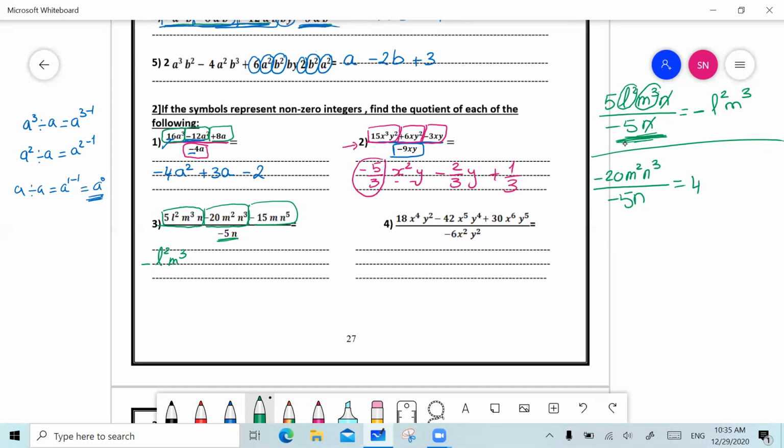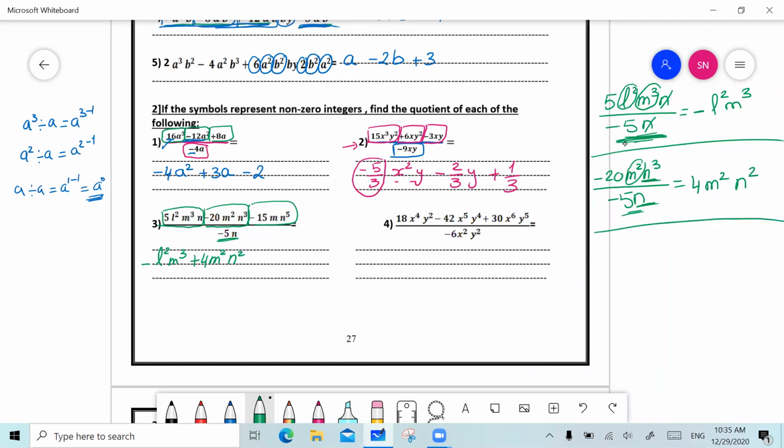M squared, I don't have here an M squared, so it's going to be written as it is. N to the power of 3 divided by N, this is N to the power of 3 minus 1, which is N to the power of 2. So the term here is +4, M to the power of 2, N to the power of 2.